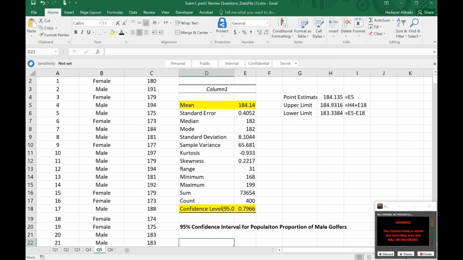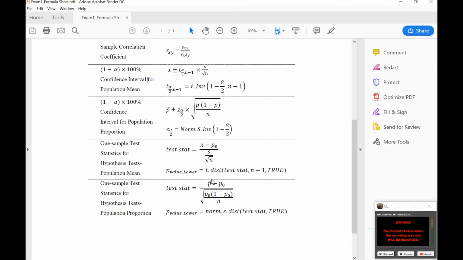When we go to our formula sheet, this is the part that we should be looking at. 95% confidence interval for population proportion. So this would be the formula. Let me just write it down again here.